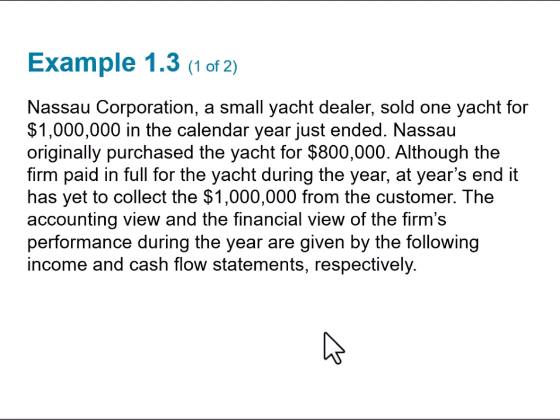So here we have a dealer that had a $1 million sale in the calendar year. They originally purchased a yacht for $800,000, and they paid in full for the yacht during the year. At the year's end, it hasn't yet collected the $1 million from the customer. So it sold it for $1 million, bought it for $800,000, but hasn't received the $1 million.